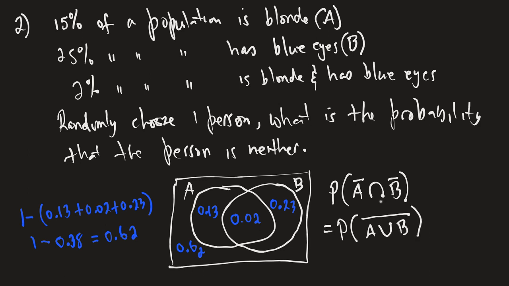And again, this relationship right here is our De Morgan's law or properties. But however you want to do it, even if you want to just write it out in words, the probability that the person is neither is our 62%.